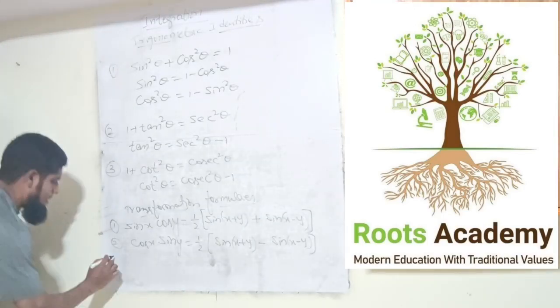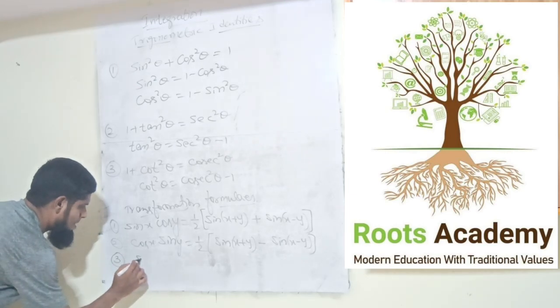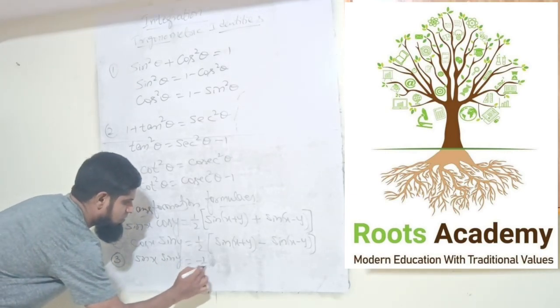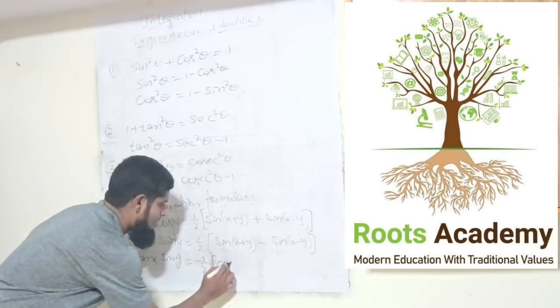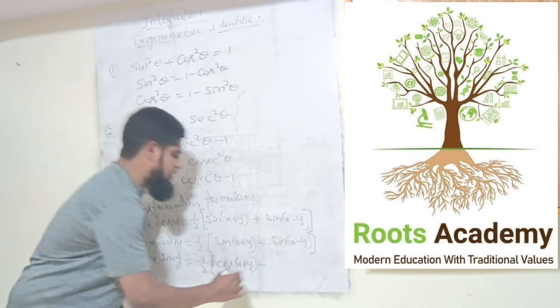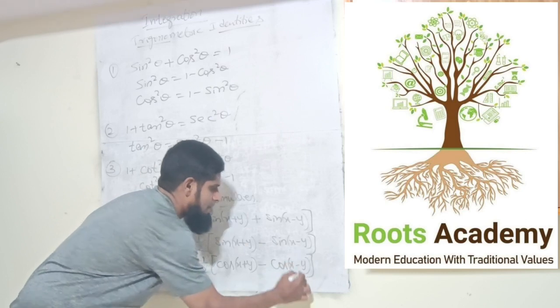Then the third is sin x sin y is equal to minus half, cos of x plus y minus cos of x minus y.